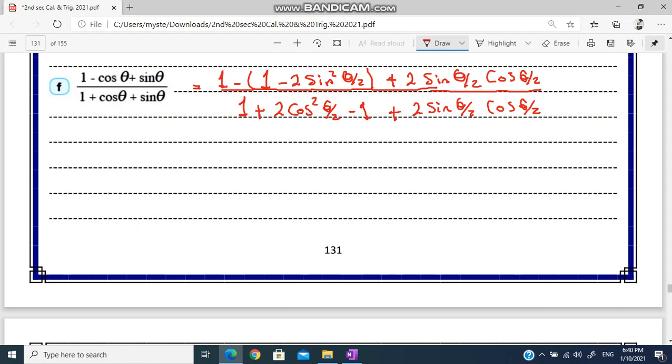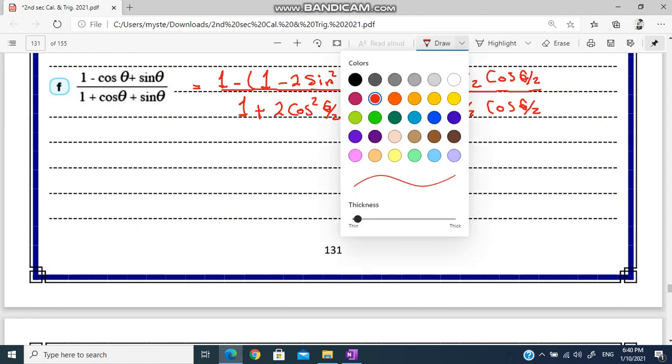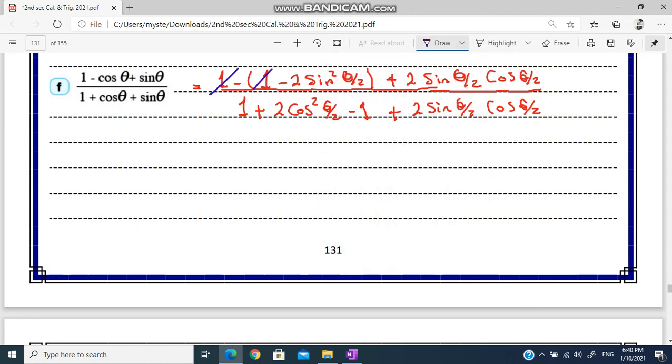I use the rule to cancel the 1, so 1 minus 1 will be cancelled, and the remainder will be 2 sine power 2 theta over 2 plus 2 sine theta over 2 cosine theta over 2. Take 2 sine theta over 2 as a common factor from the numerator. The numerator will be sine theta over 2 plus cosine theta over 2.